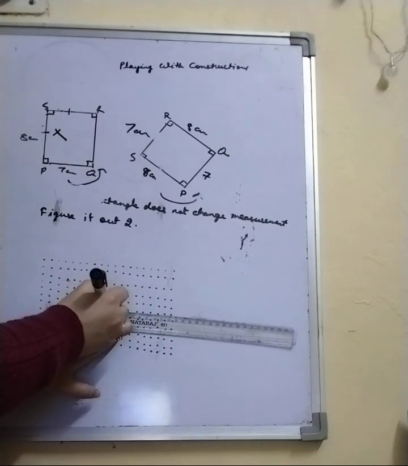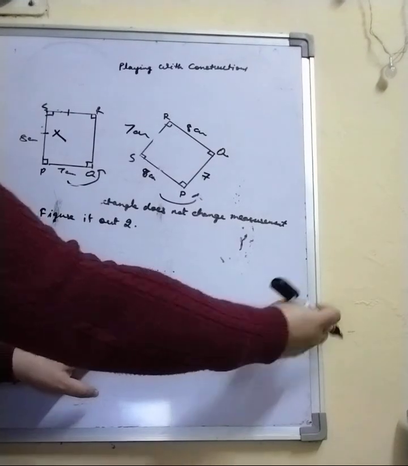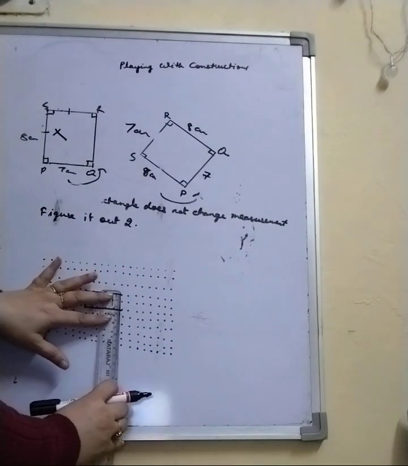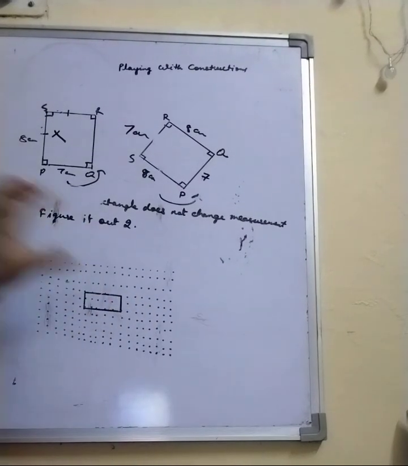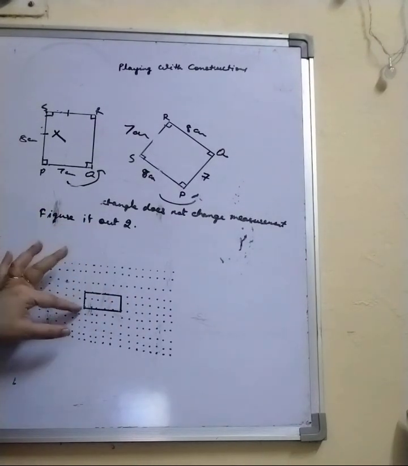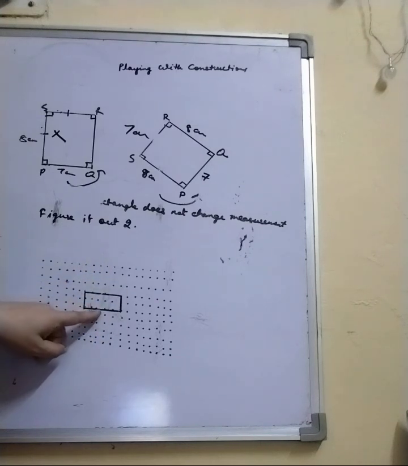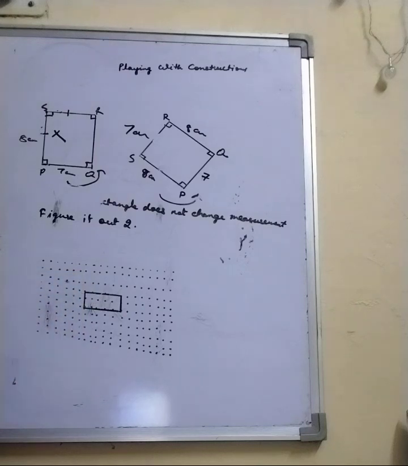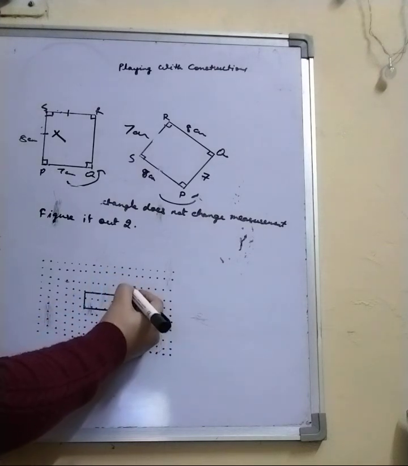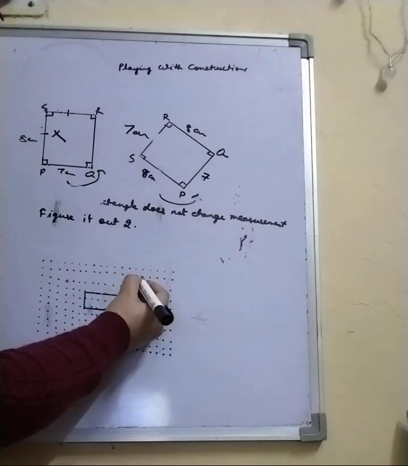So 1, 2, 3, 4, 5, 6 dots horizontal and 3 dots vertical. Now you have to make squares which are aligning at the corners of this rectangle. So basically you have to go diagonally here.